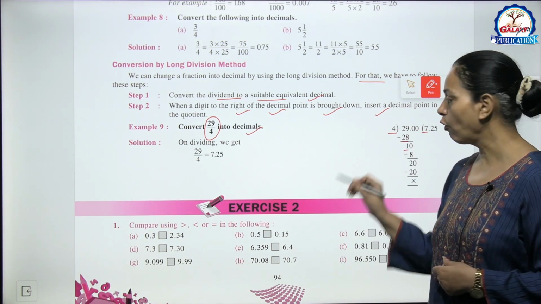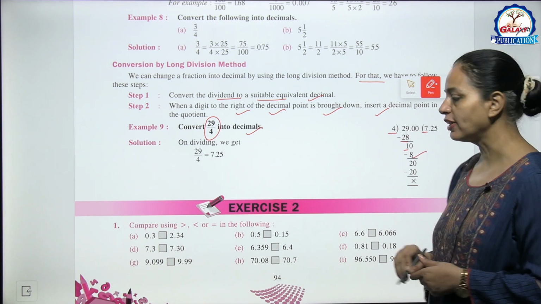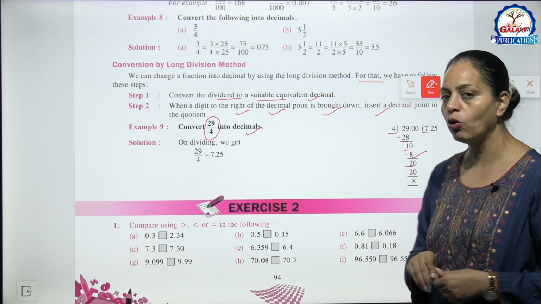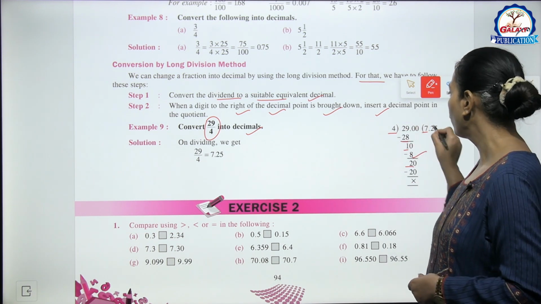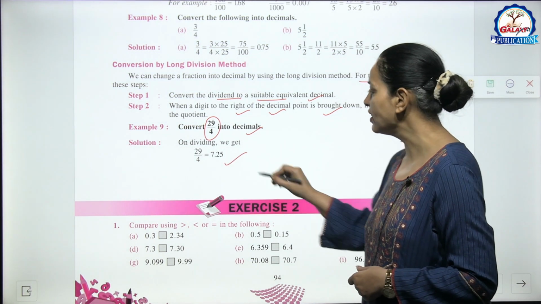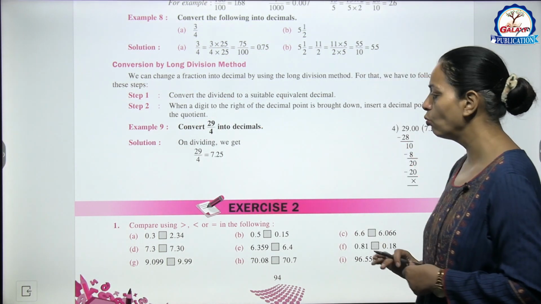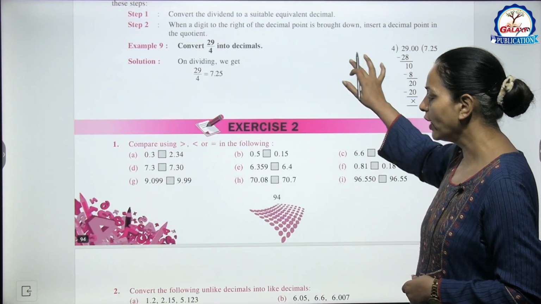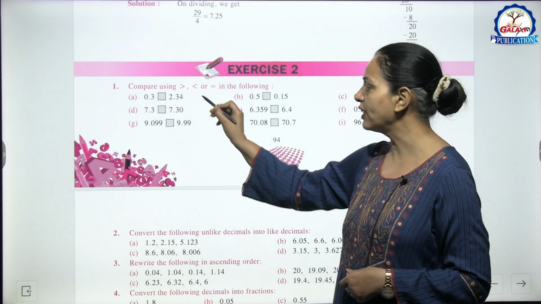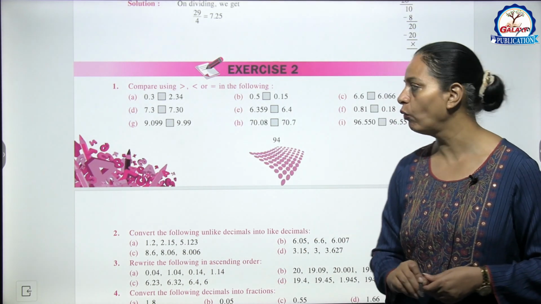So 7 point. Now 4 2s are 8. Okay, now subtract, we get 2, then take next 0, it becomes 20. 4 5s are 20, remainder is 0. So answer is 7.25, right?